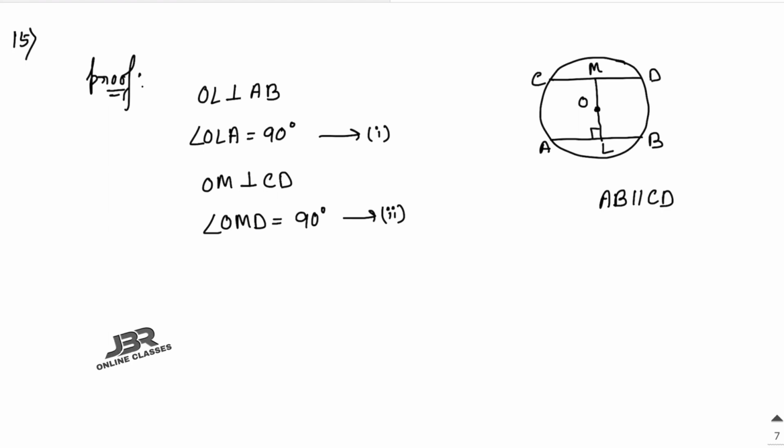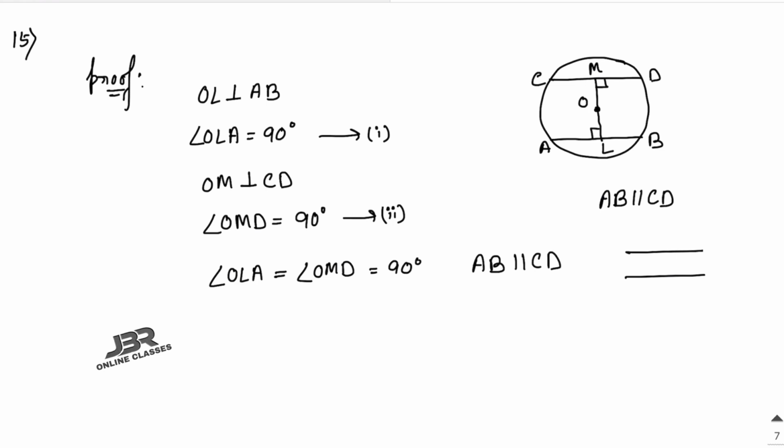This one here 90 degree. This one also 90 degree. So from 1 and 2 you can write down angle OLA equal to angle OMD, equal to 90 degree. Okay, but these are alternate angles. So as these two are equal and alternate angles, then definitely AB parallel CD, because you know that if two straight lines are parallel to each other and the third one is the transversal, then definitely this angle is equal to this one.